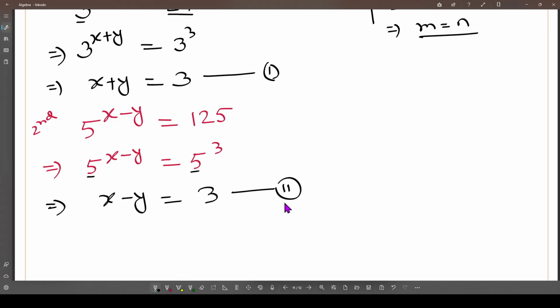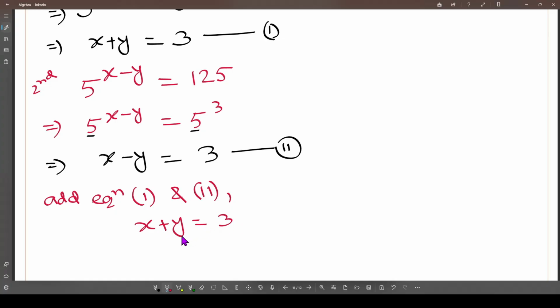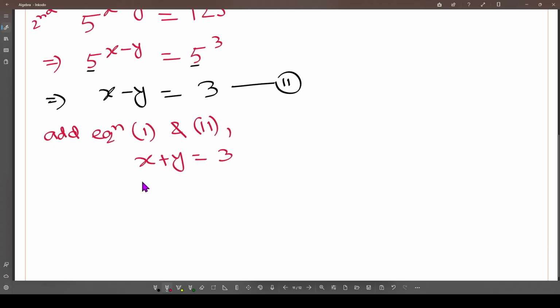Now this is a very simple equation. If we add them to each other, we can write: add equation 1 and 2. So x plus y equals 3, and x minus y equals 3.